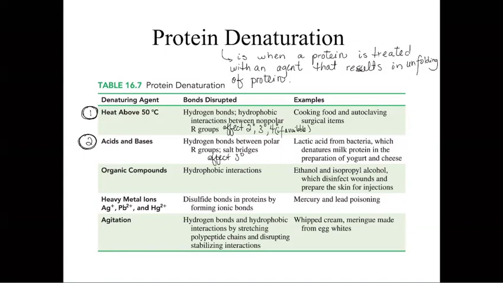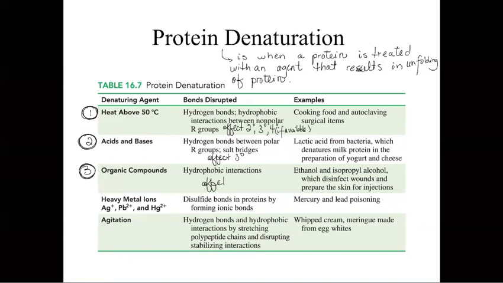yogurt and cheeses. Okay. We can also have organic compounds denature proteins. As you can see, the hydrophobic interactions are the ones that are affected.